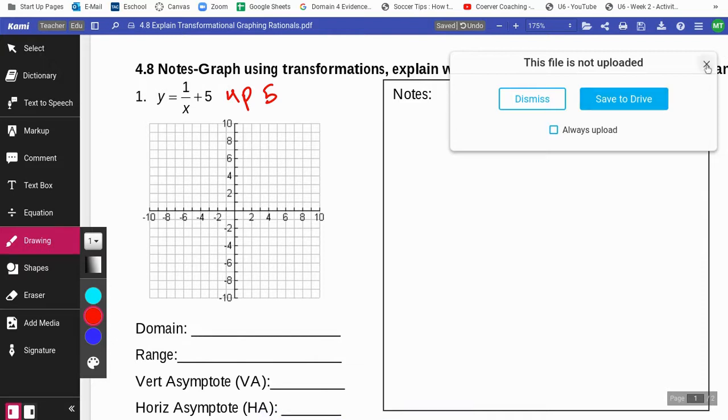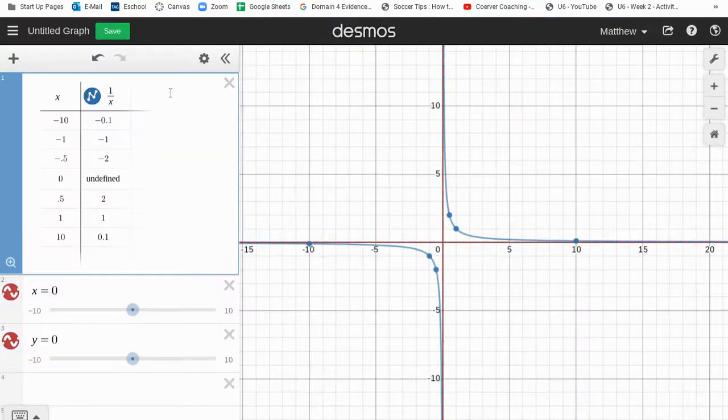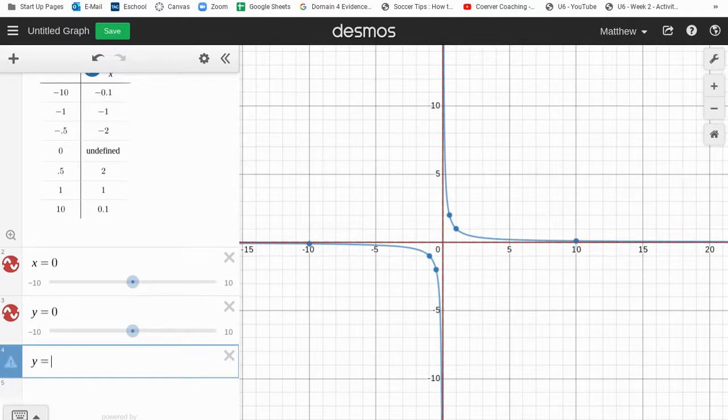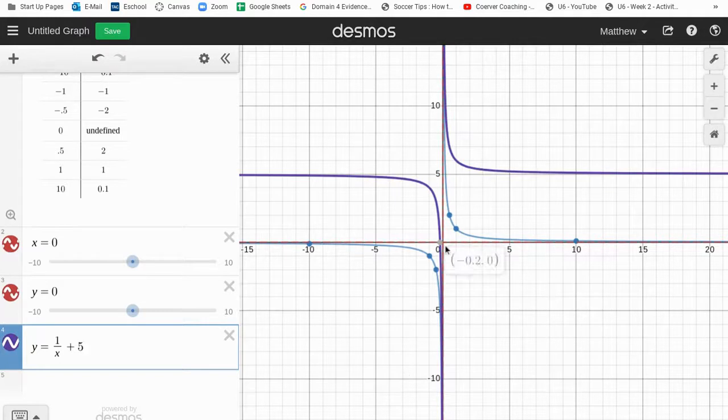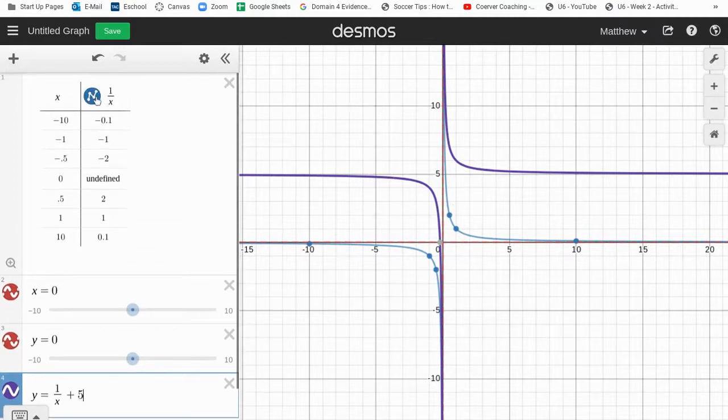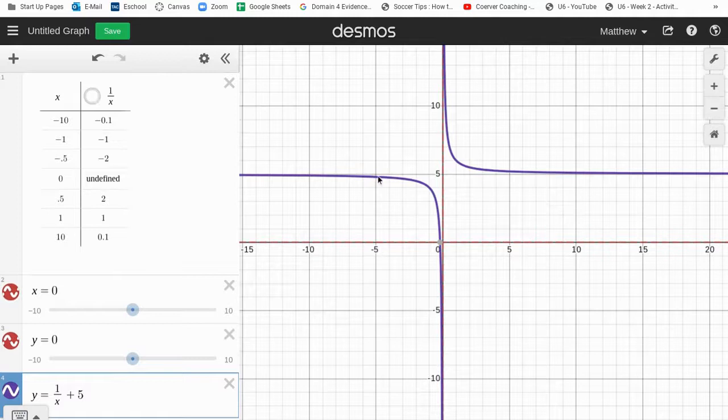So we're going to look at Desmos. Here is the one that had the parent function of 1 over x, and I'm going to put in my new equation, y equals 1 divided by x plus 5. You can see from the light blue to the dark blue that it did in fact shift up. Now all I care about is this dark blue line.